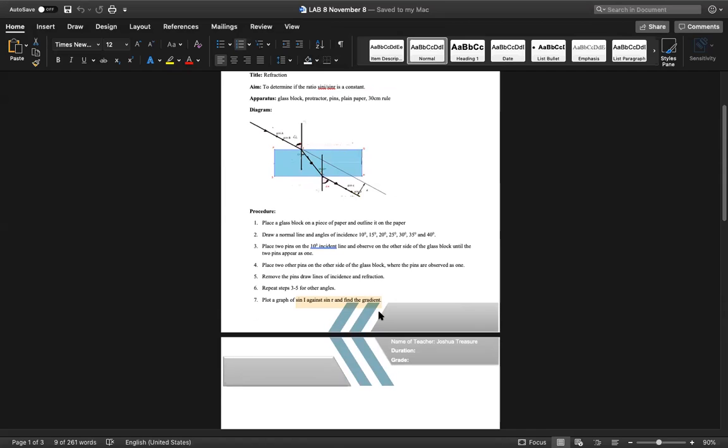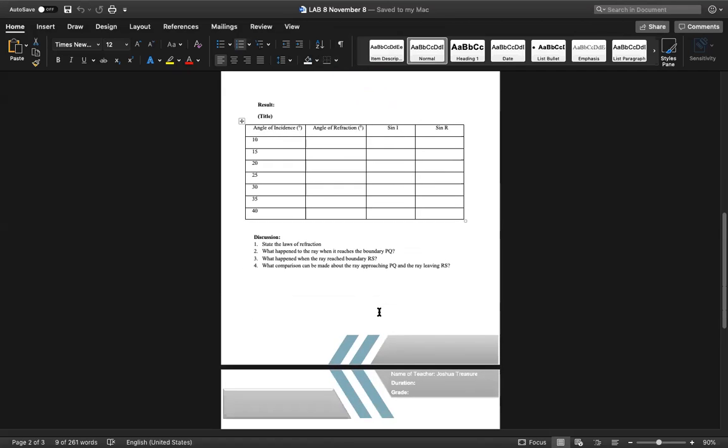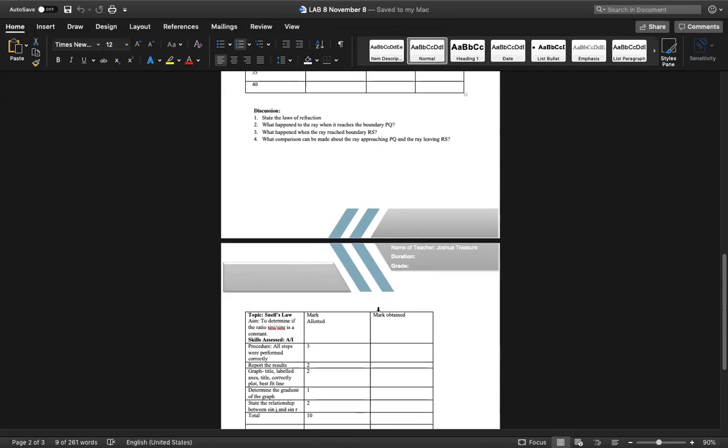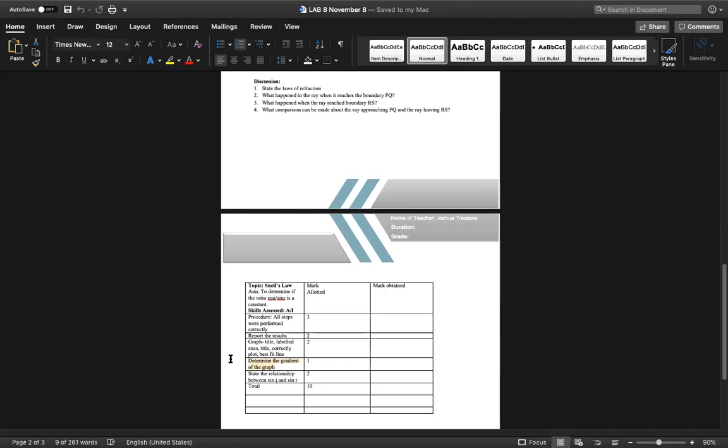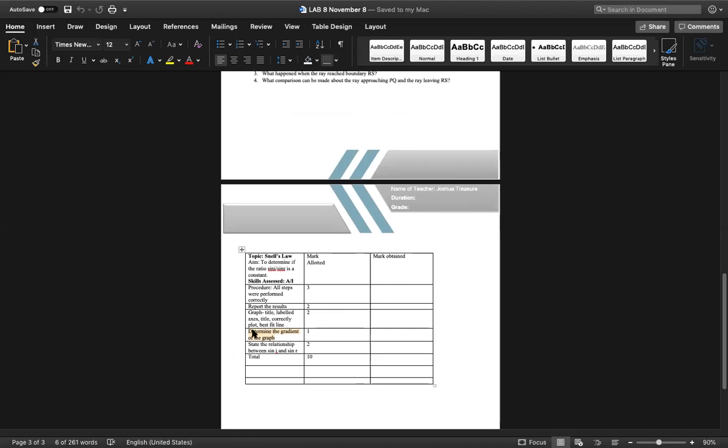Sine I or sine R? I. All right, so sine I would be on your y-axis, right? And then you would go ahead and plot your graph. Now, you must determine the gradient of the graph, and then that would give you a particular quantity. Very important is that you get the gradient of the graph, and then you state the relationship between sine I and sine R, if it is directly proportional or inversely proportional.